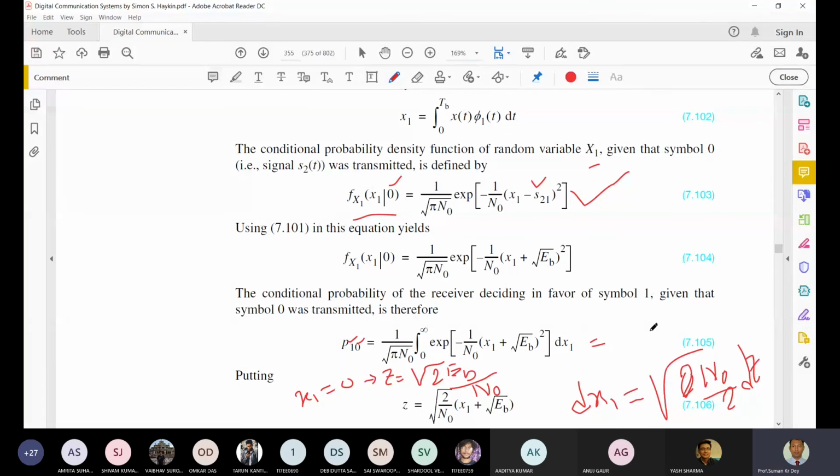Okay. So from there, what will we get? We will get 1 by square root of 2 pi, integration from square root of 2 Eb by n naught to infinity of exponential of minus z square by 2 dz.